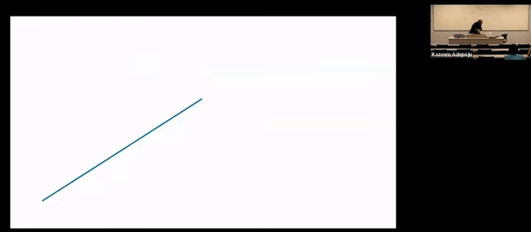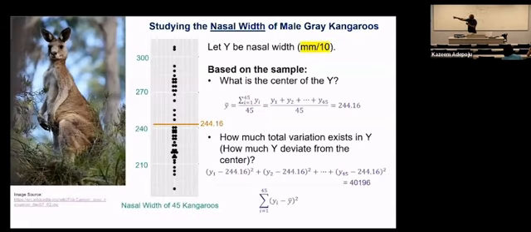Okay, this is a formula that we use: summation y minus y bar, all squared. Don't forget the y bar is the center, right? That is the mean, right? Okay, and that gives us 40,196. The 40,196 is actually the total variation around the dependent variable NASA weight.